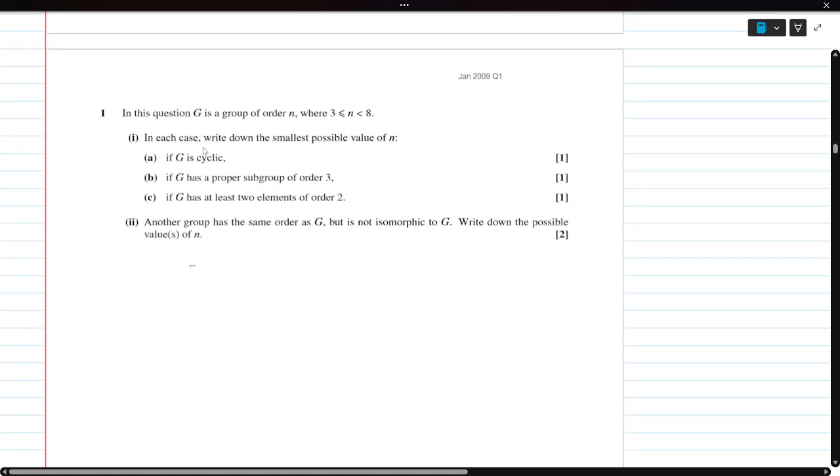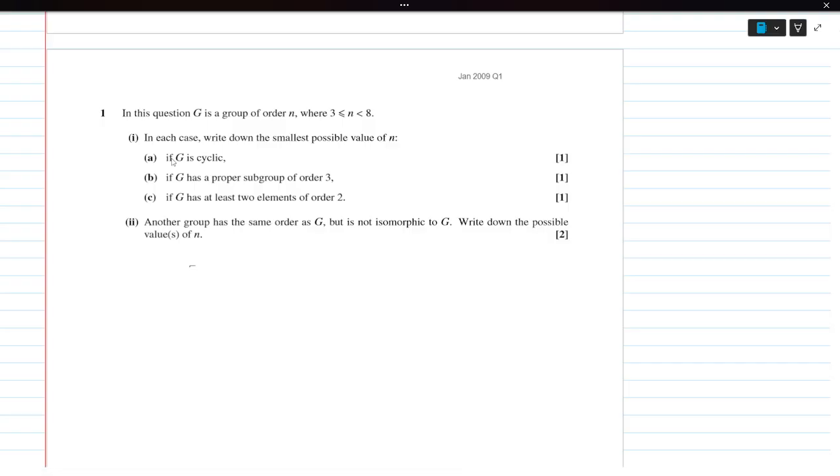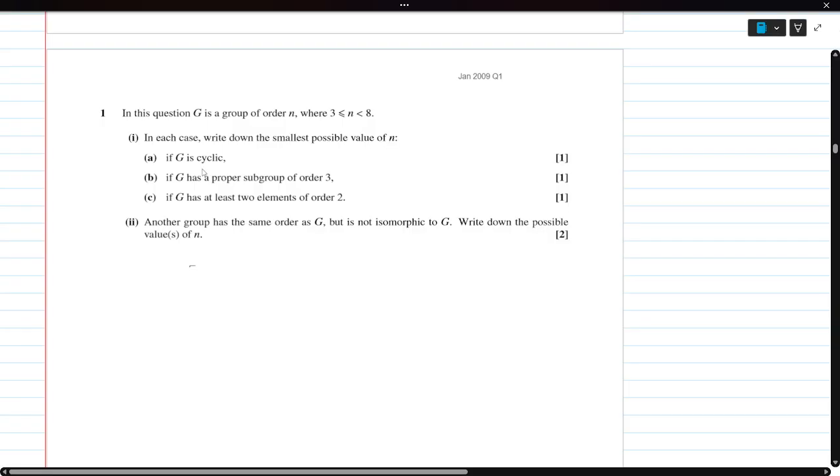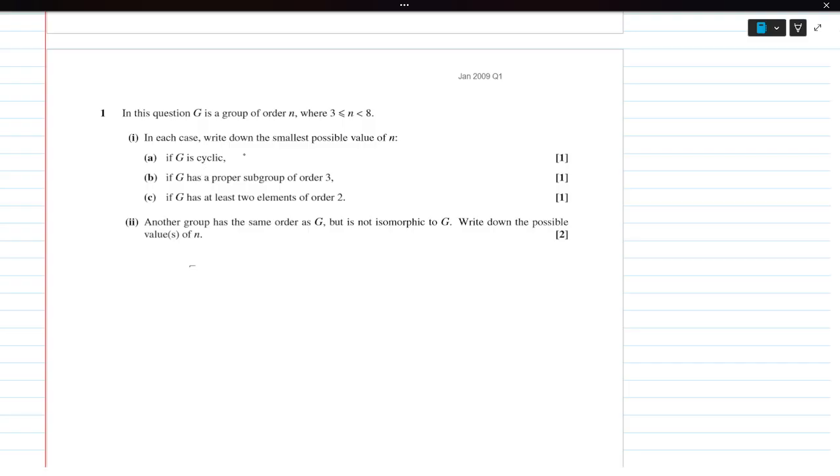Okay, this looks interesting. In this question, G is a group of order n, where n is between 3 and 8. In each case, write down the smallest value of n if G is cyclic: 3. If G has a proper subgroup of order 3: 6, by Lagrange's theorem. If G has at least 2 elements of order 2: the cyclic group, so 4, I think it's 4.